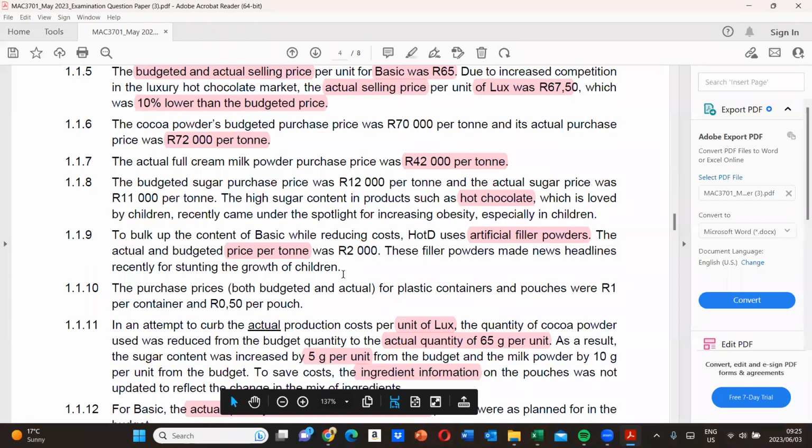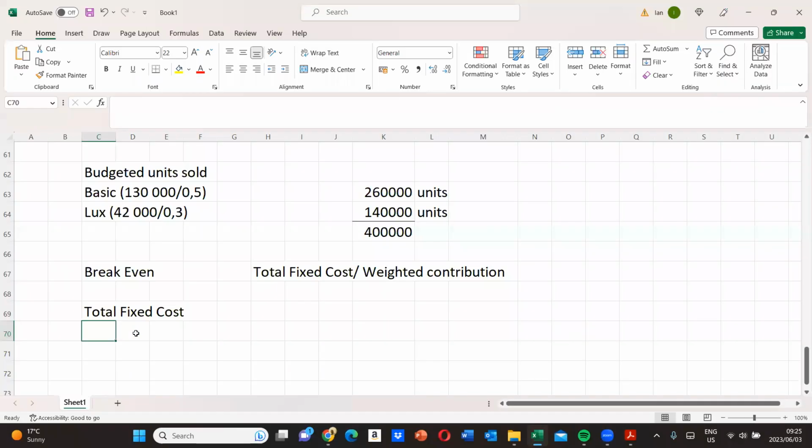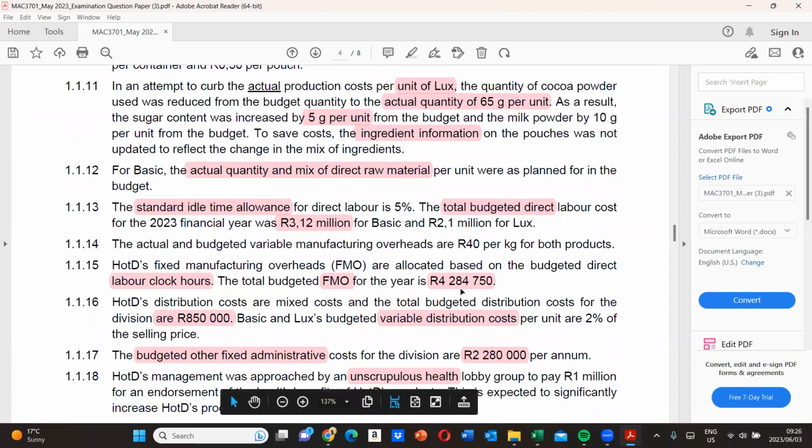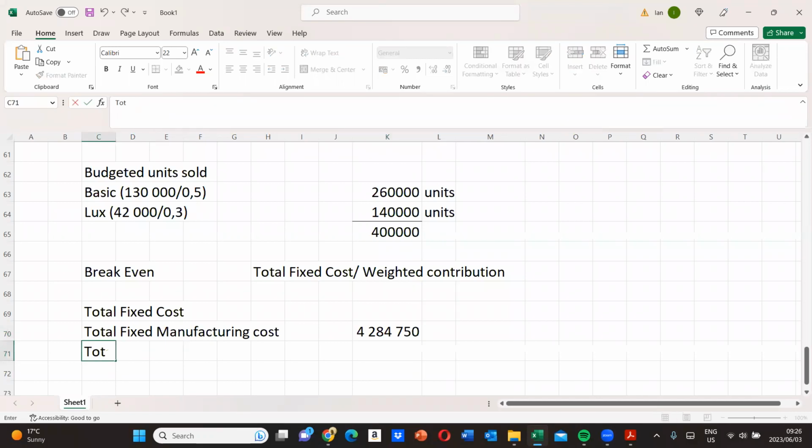In the question, we're told that the total budgeted fixed manufacturing overheads is sitting at 4,284,750. So this is our total fixed manufacturing cost budget. And then total fixed administration cost.